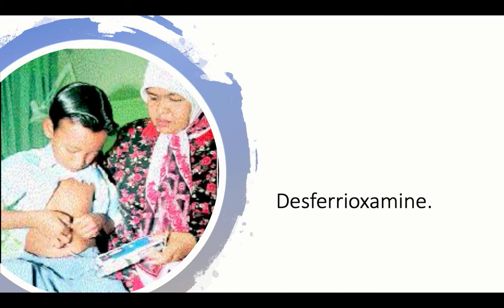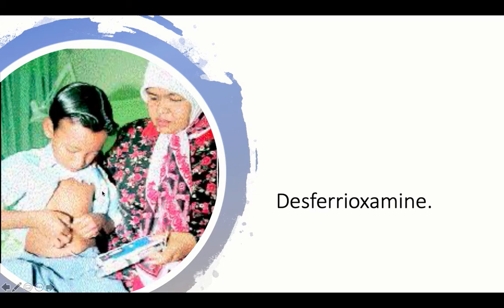So this patient with thalassemia is using desferrioxamine with an infusion pump subcutaneously, about 5 to 6 nights per week and 12 hours per day, and the desferrioxamine helps to bind iron and excrete it in urine.